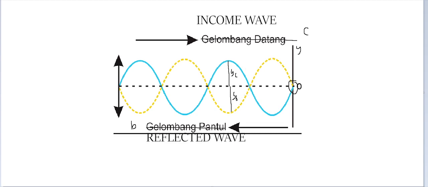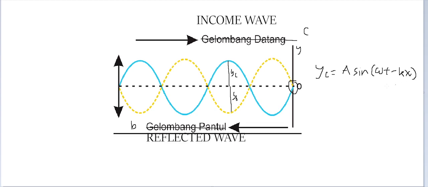From these two different types of Y, we get two formulas. For YC, we have amplitude A times sin of omega t minus kx.